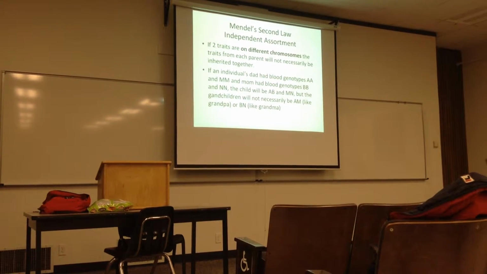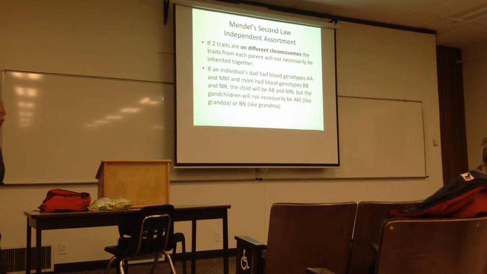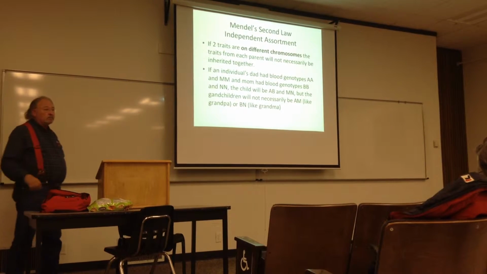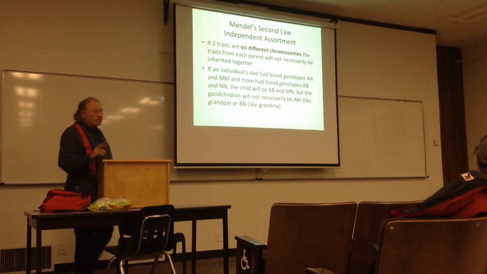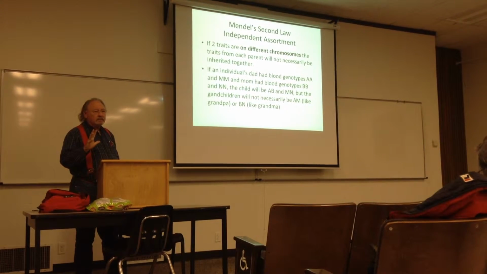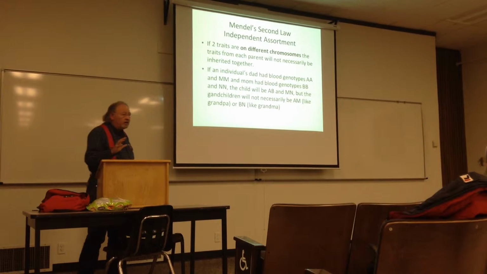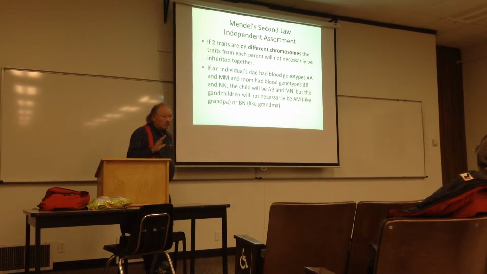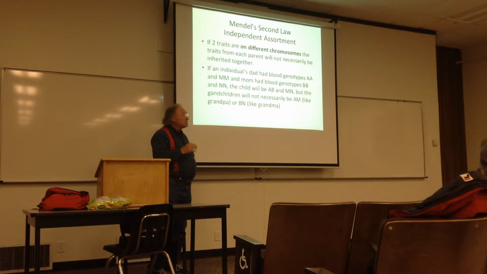The second law that Mendel suggested was the law of independent assortment. This deals with comparing two traits. Again, he had seven traits that he tested for. Each one was on a different chromosome, and that's why he ended up with this.